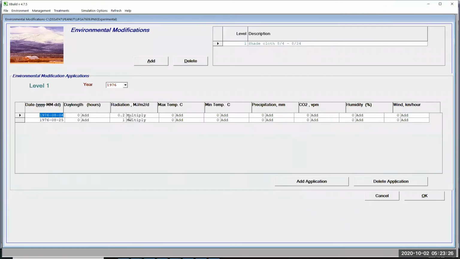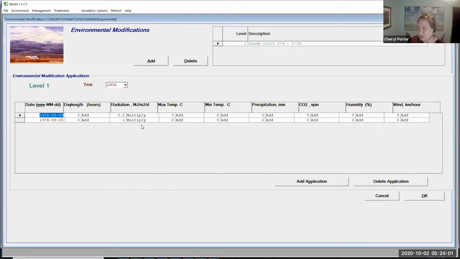And then 21 days later, we switch that off by setting the multiplier to 1.